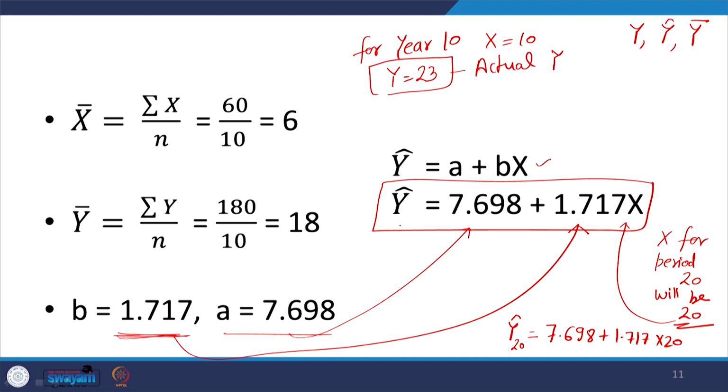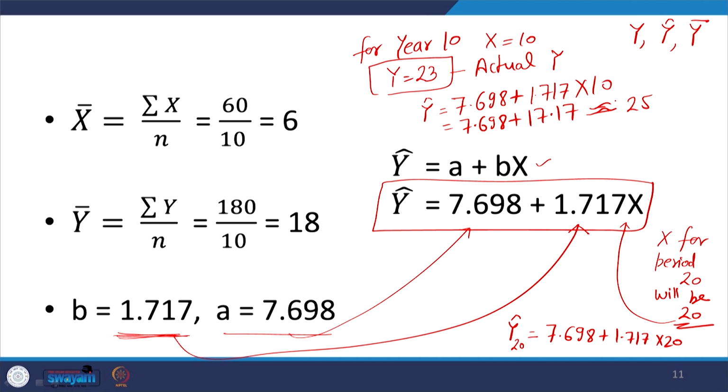Now, this equation is also with us. When I put this value of x equals to 10 in this equation, let us see how much y cap is coming, that is 7.698 plus 1.717 into 10. So, that makes 7.698 plus 17.17, and that is making me 24.87, somewhere around 25.